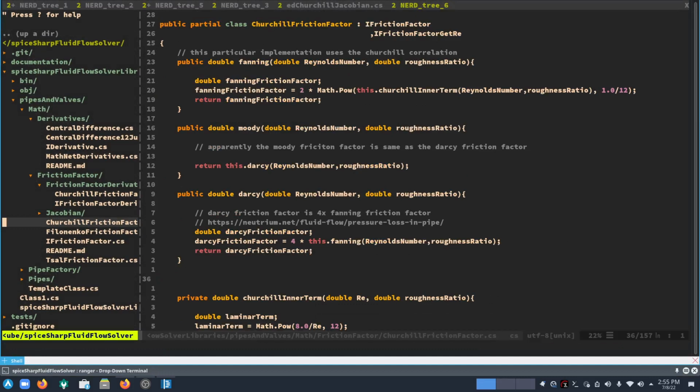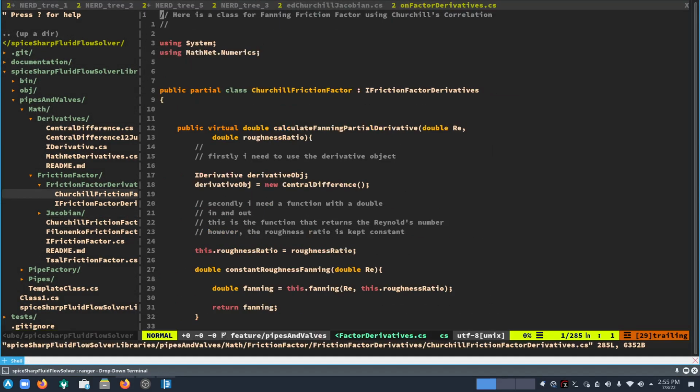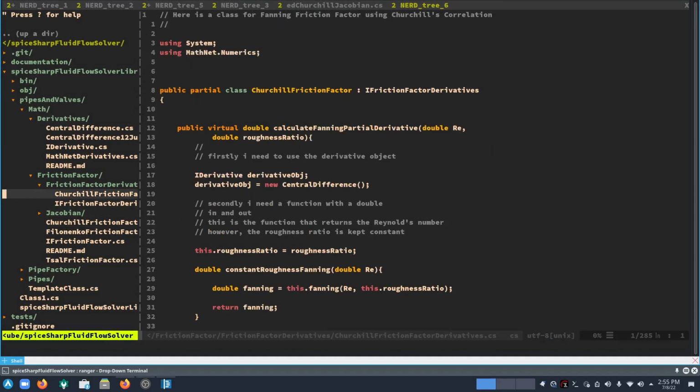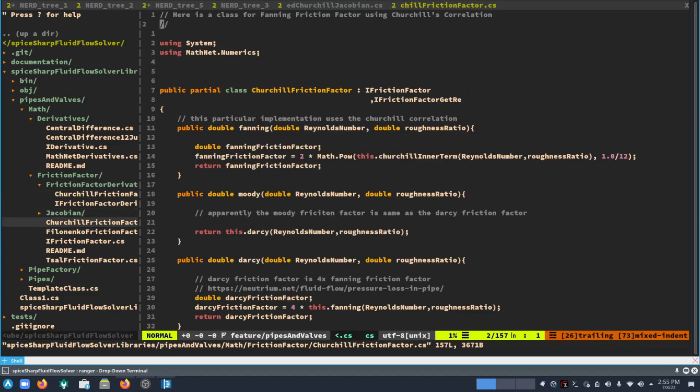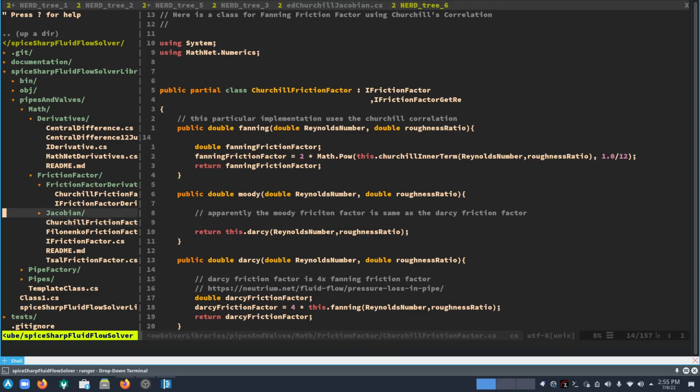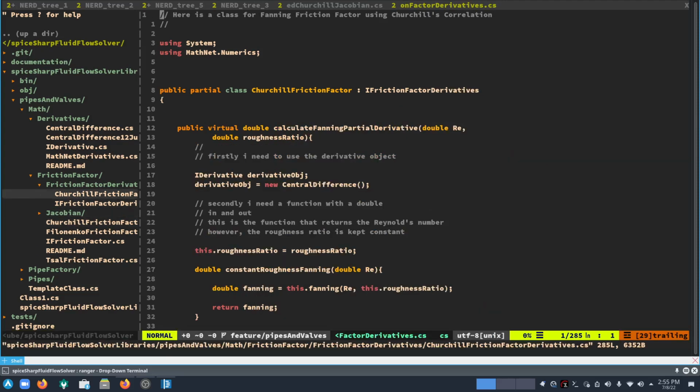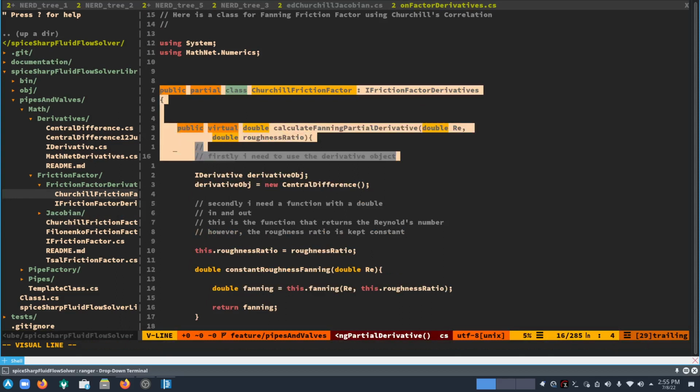Where am I in this? Churchill friction factor. Yeah, all right. So this is the Churchill friction factor class, just to make the Churchill friction factor.